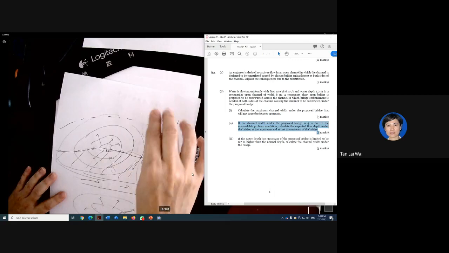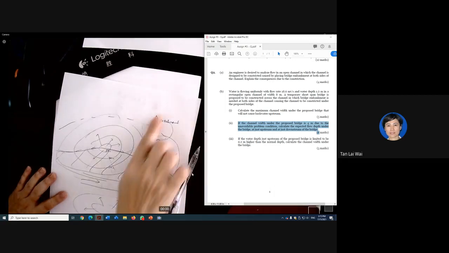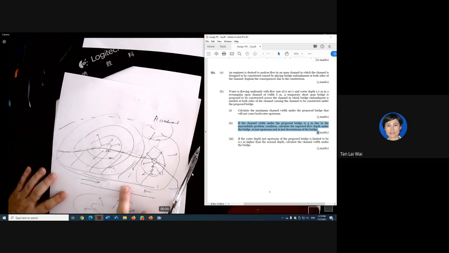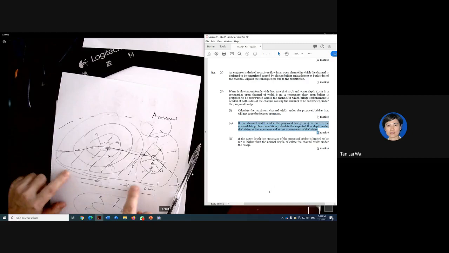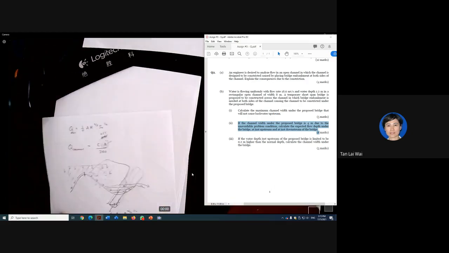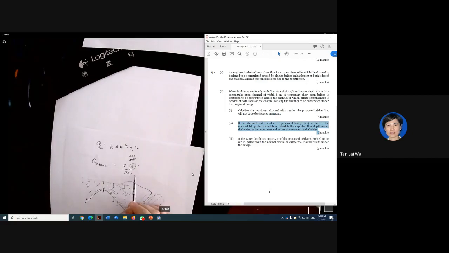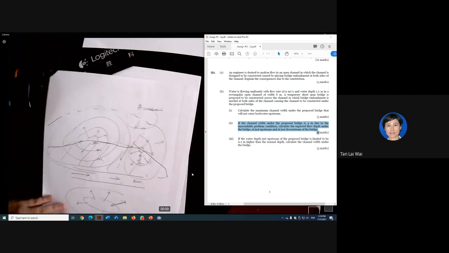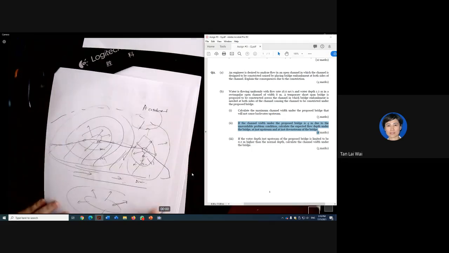That means you have to add some more area here because this area actually contributes to this rational method as well. If this A is greater, that means your Q will be higher as well, provided the I is the same. Now, I hope you are clear about that A.